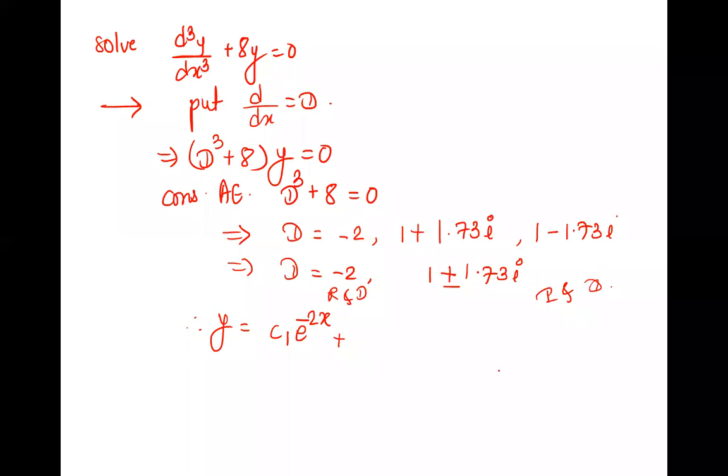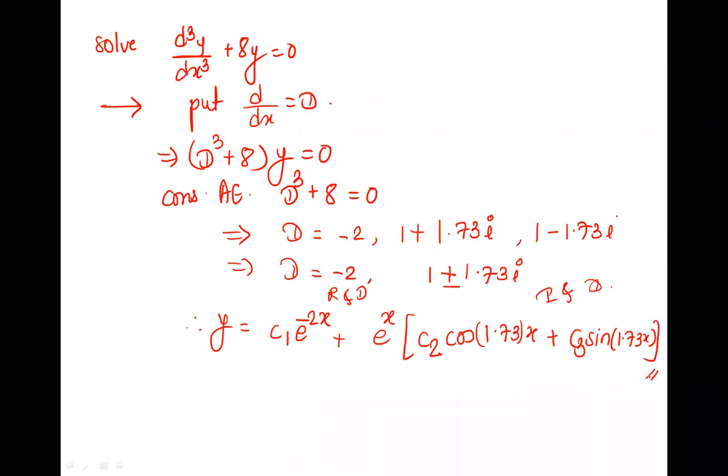C2 e raised to 1x in bracket, C2 cos 1.73x plus C3 sin 1.73x. Done. This is the solution.